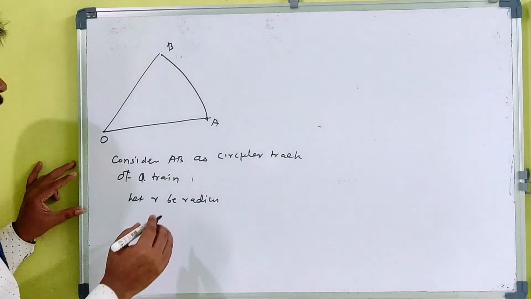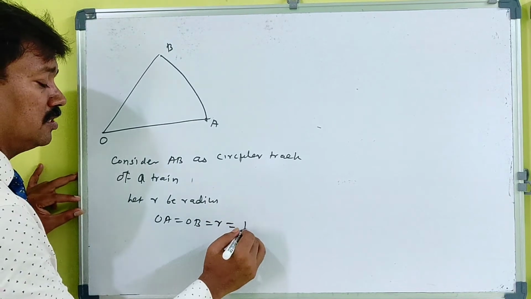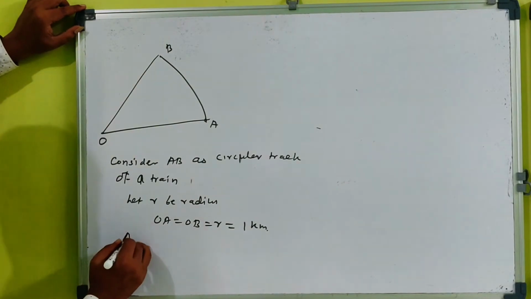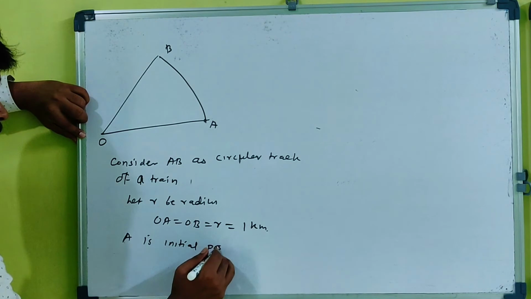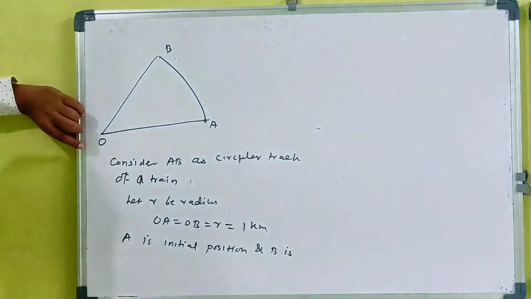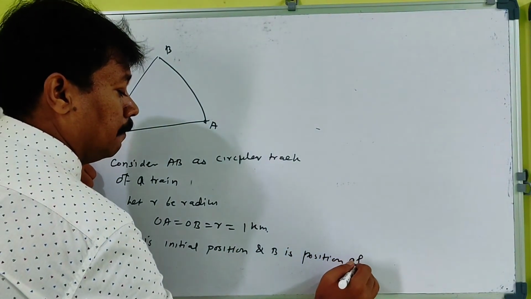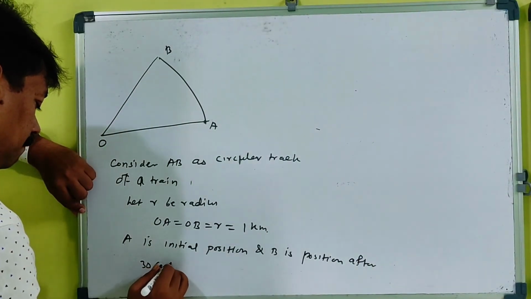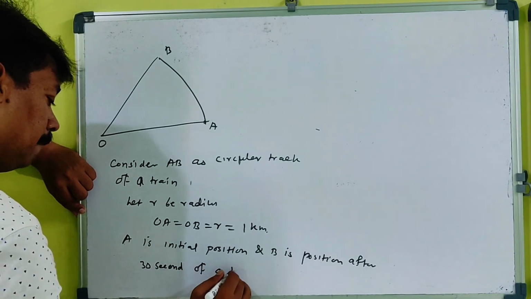Fine. So here R is equal to OA, OB, R is given as 1 kilometer. A is the initial position and B is the position after 30 seconds of a train.